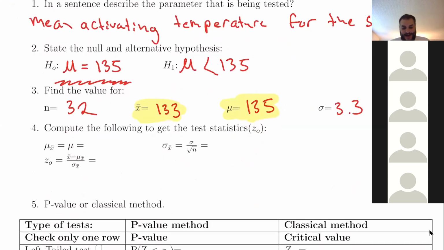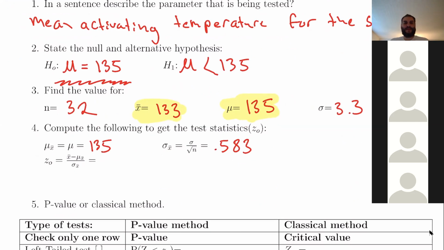For step 4, let's enter some information. We're saying 135. We're going to calculate the standard deviation of X bar for a sample of 32. So that'd be 3.3 divided by square root of 32, which is 0.583.